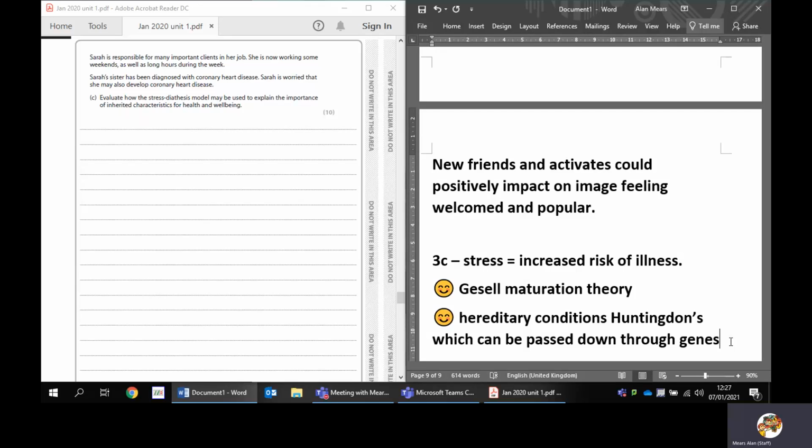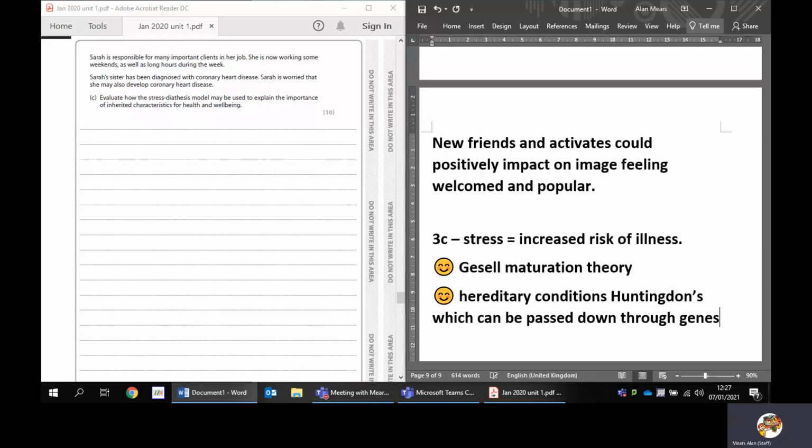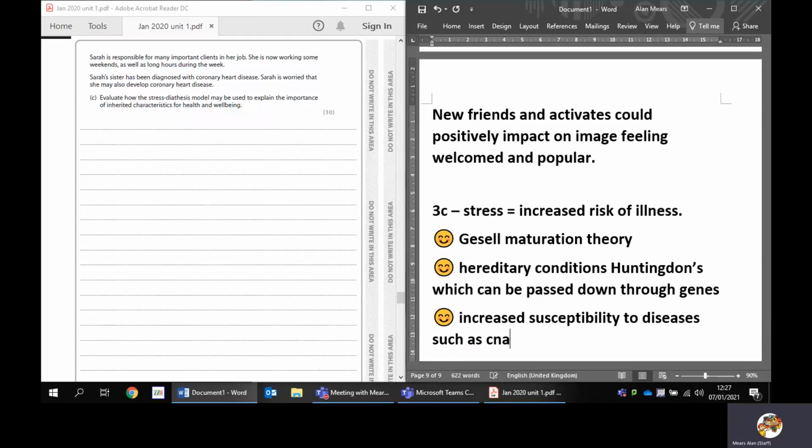We could also think about obviously the idea of increased susceptibility to diseases such as cancer.